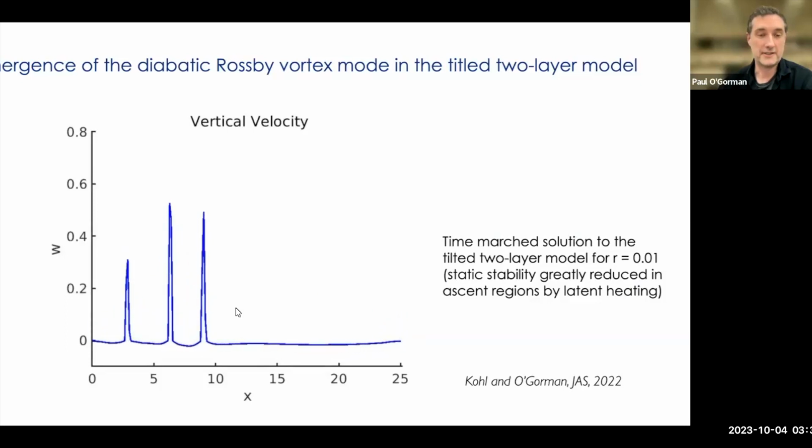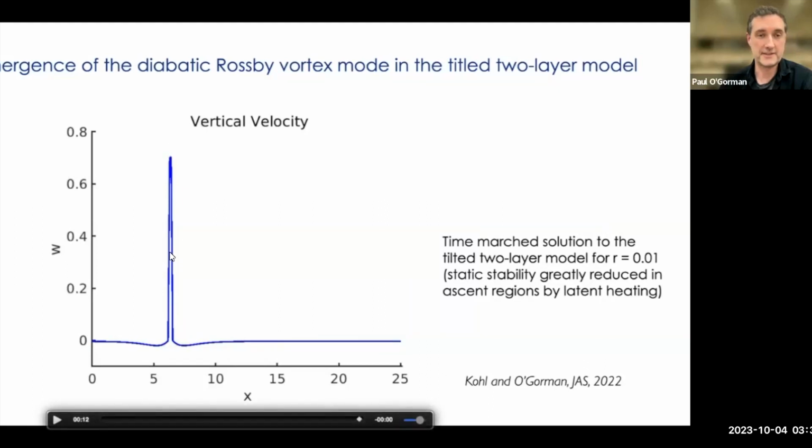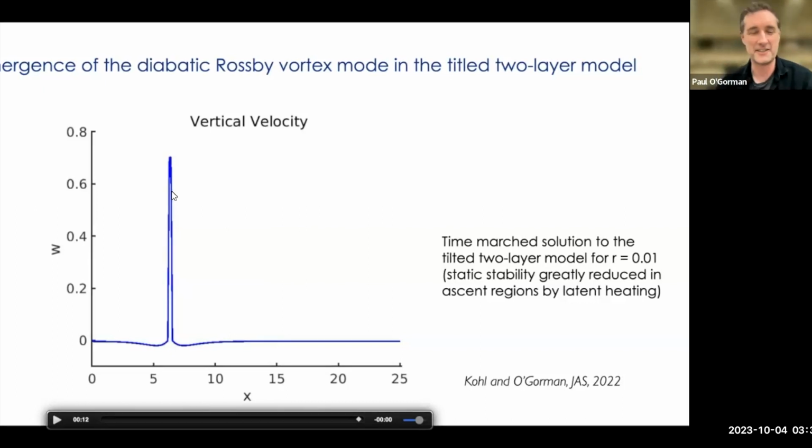We see the emergence of these vortices. There's 3 of them currently, and if you keep going, you actually end up with just 1 vortex. This is the vertical velocity, so positive means a very strong upward motion. So this is very like what we saw in the general circulation model instability problem, but it's much, much simpler. We're now down to this 2-layer model, which essentially becomes almost a 1D model in terms of equations.